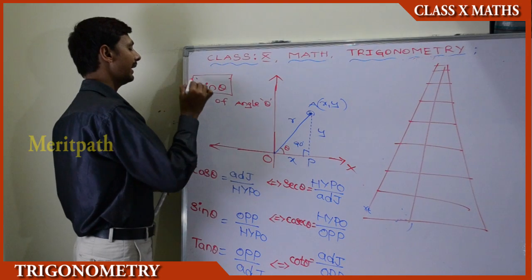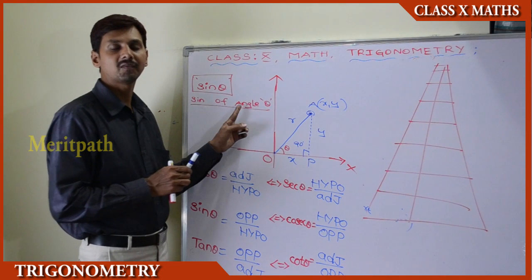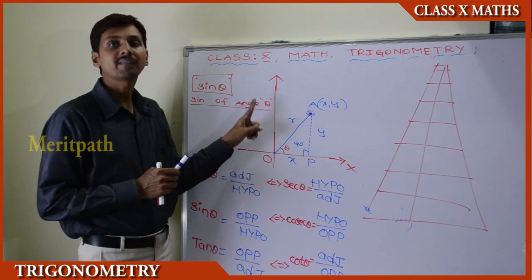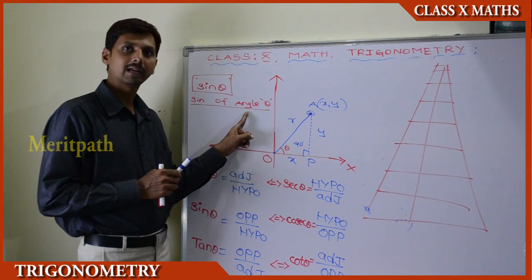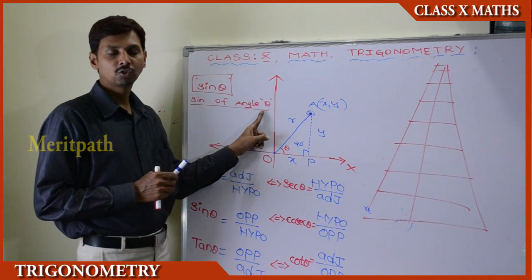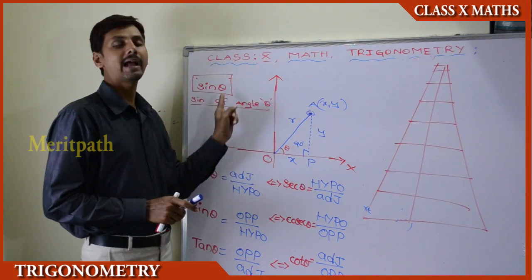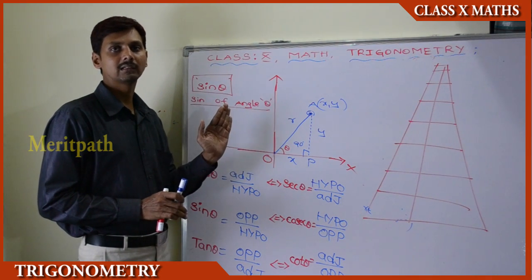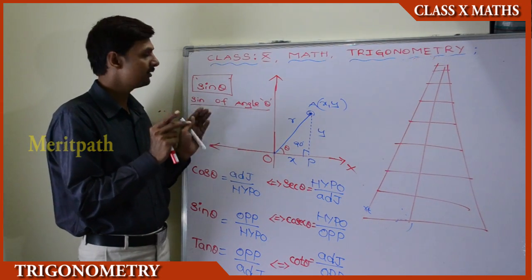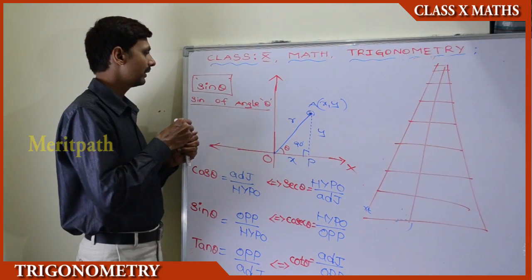It is only one kind of angle measure, but it should not be treated as the product of sin and theta. This is sin of angle theta, not the product of sin and theta. It cannot be divided. It is only one word, sin theta.